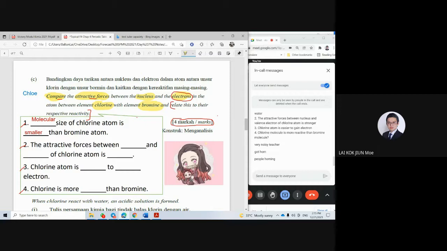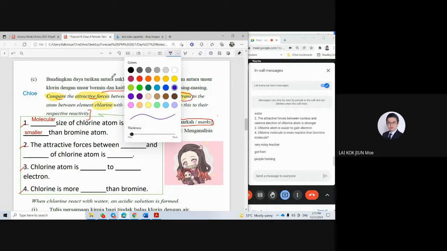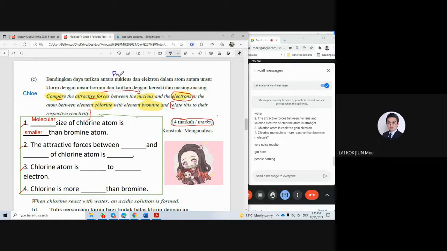Comes from the proton, from the nucleus, right? So for this type of question, when you first see it, you must know already, okay, this thing is related to the proton. Because inside the nucleus, your answer must have something to do with the proton. Then now you can see, you cannot ramble, your answer must focus on this part. So you have to compare the protons of chlorine and bromine. So before you compare, maybe you can say how the size is also related, right?